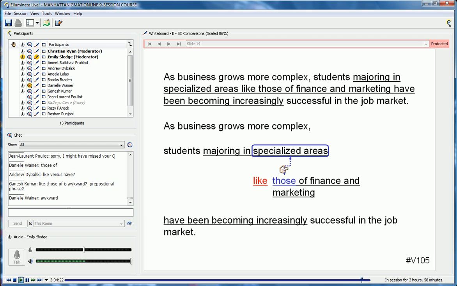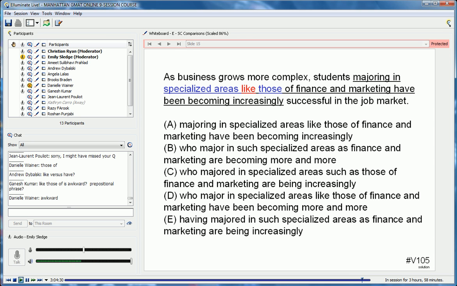But this is technically the grammatically correct way to compare these two types of areas. The problem is we don't want to compare specialized areas to finance and marketing. We want to name finance and marketing as examples of the areas that the students major in. And for listing examples, we want to use "such as."